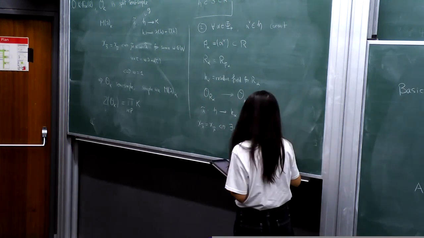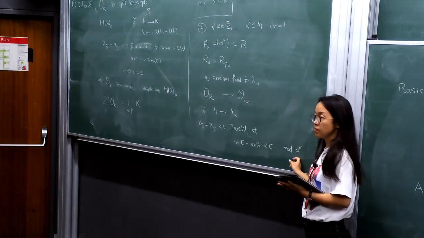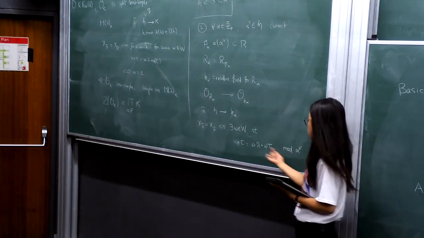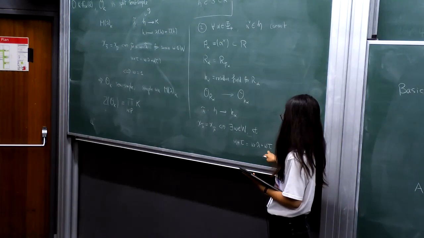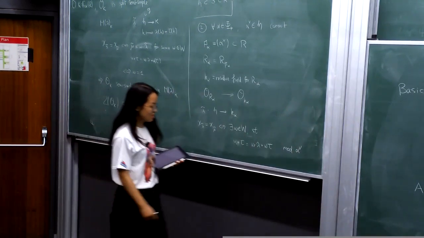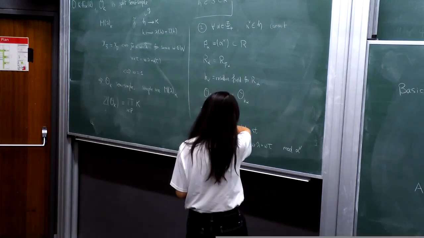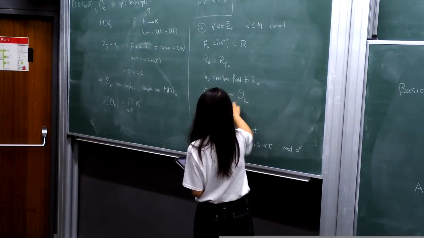So now you're allowed to mod out alpha check, because alpha check goes to 0 when specialized.